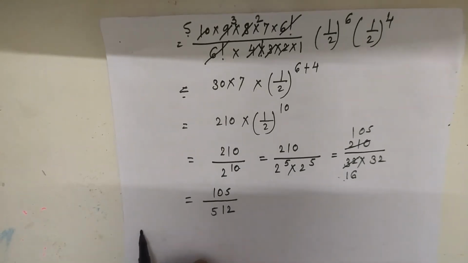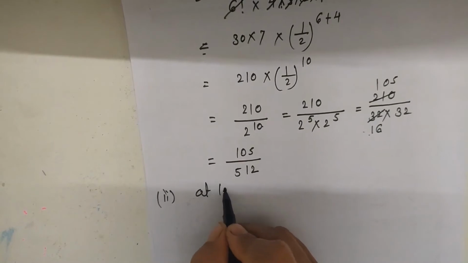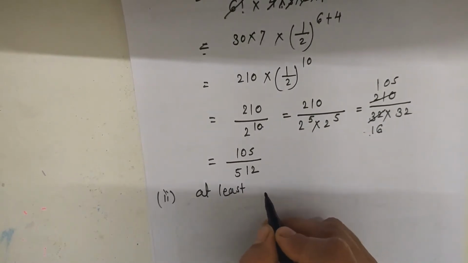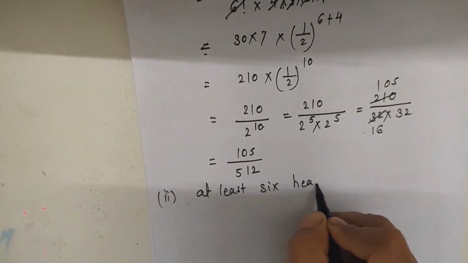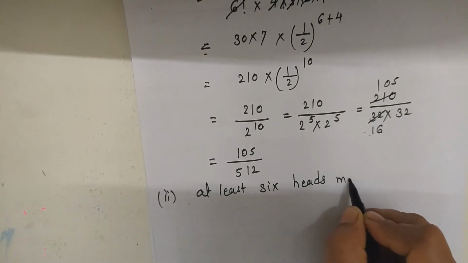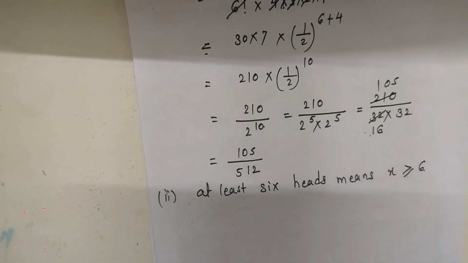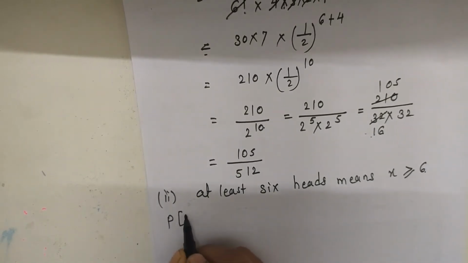So here for the second question, at least 6 successes or 6 heads means x greater than or equal to 6, and this probability can be written as the probability of x greater than or equal to 6.